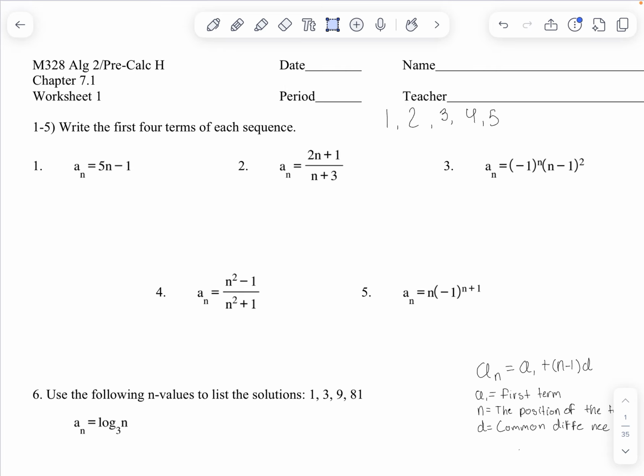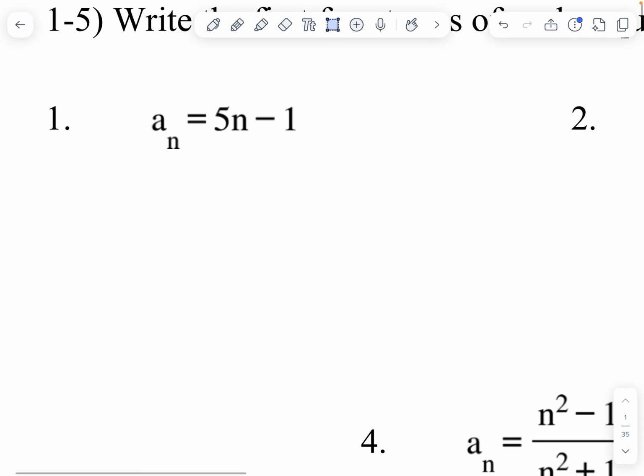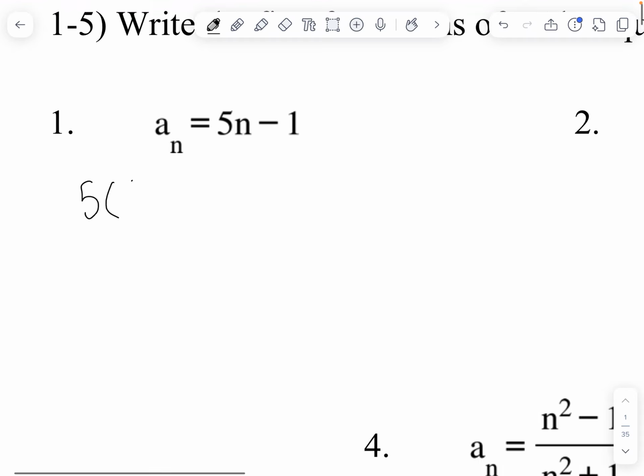So questions 1 through 5. Write the first 4 terms of each sequence. Okay, well that's pretty easy. Just plug in 1, 2, 3, and 4 for each number. So 5 times, I'm just gonna duplicate this a bunch of times.